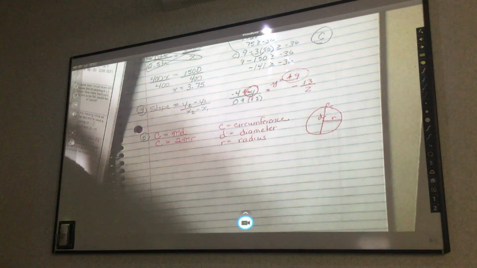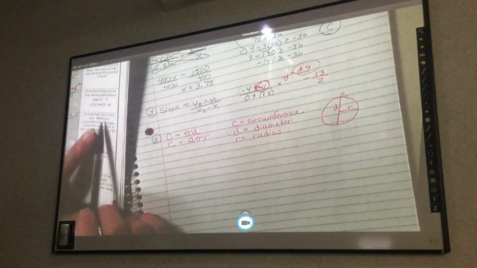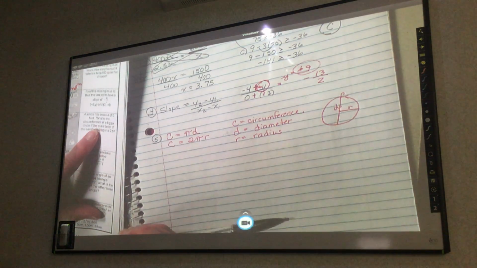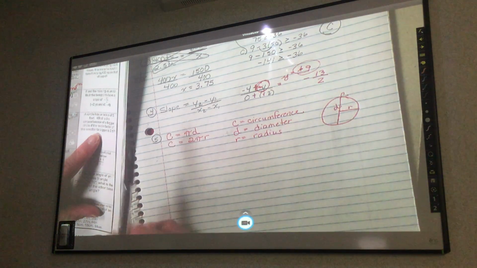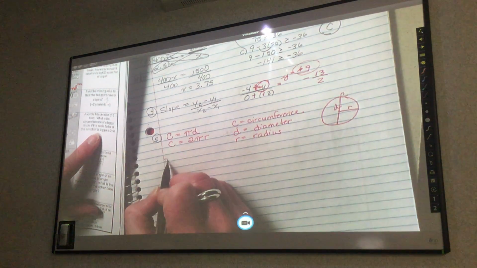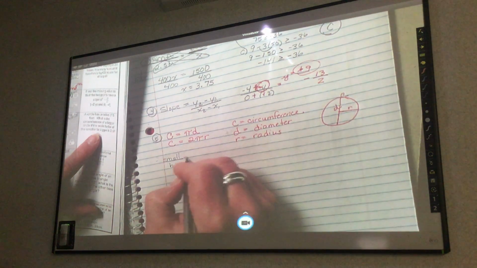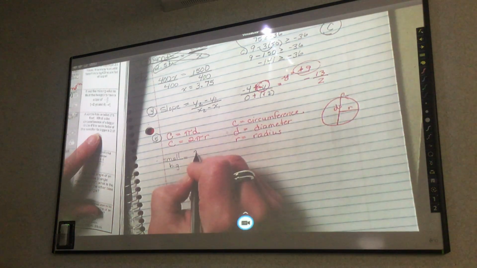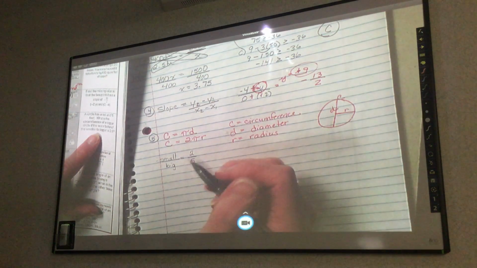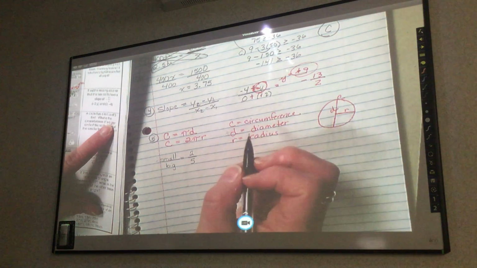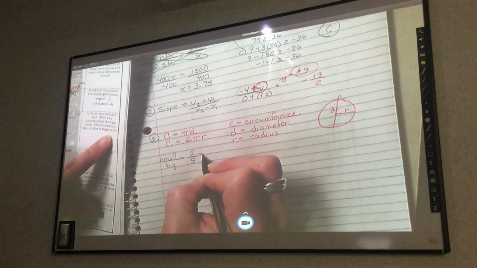So then if I look at the problem, it says, a circle has a radius of 5 feet. What is the circumference of a bigger circle if the scale factor of the smaller to bigger is 2 to 5? Okay, so I got small to big, and that would be 2 to 5, okay? And I want to know the circumference.